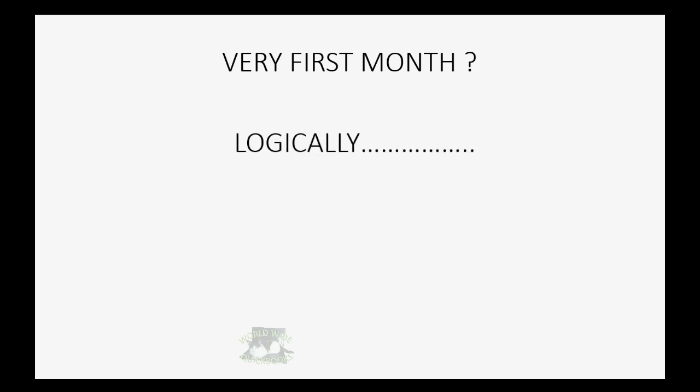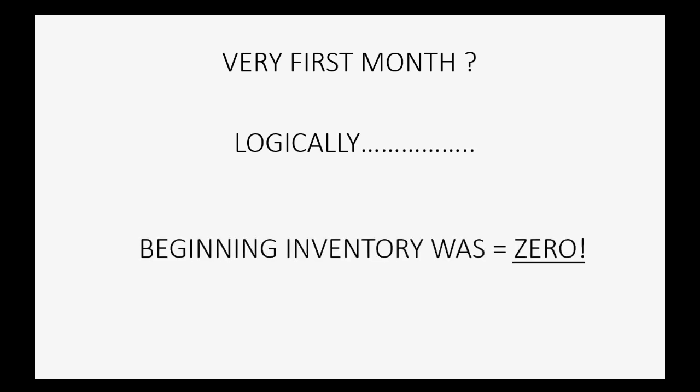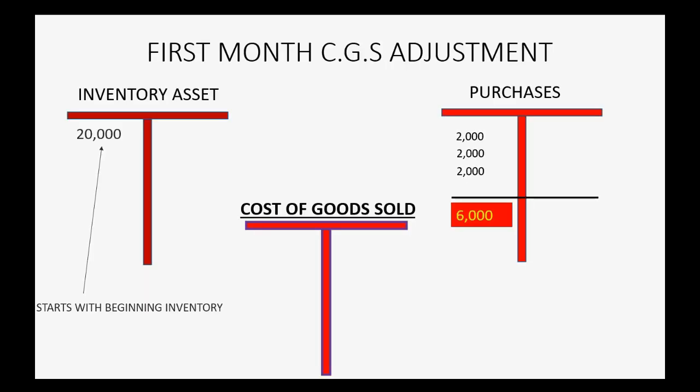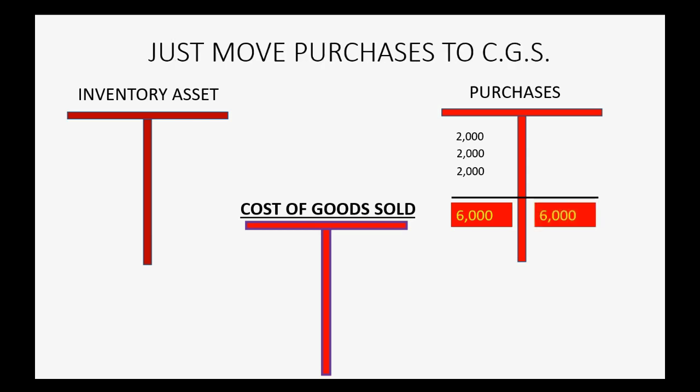Well, logically, if it was the very first month that we were buying and selling on Amazon, that would mean in the first month, the beginning inventory was equal to 0. And that means that there simply was no beginning inventory number, and we would just move purchases to the cost of goods sold account exactly the way we learned in the prior videos.